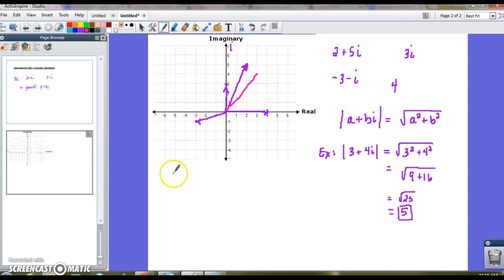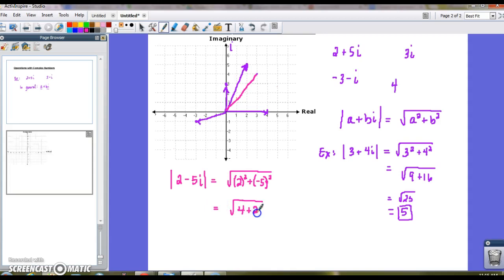Let me try another one. Let's say we had the absolute value of 2 minus 5i. So if I follow my formula, I'm doing the square root of a squared plus b squared. So I have the square root of 2 squared plus negative 5 squared. Remember, when you square a negative, you always get a positive number.